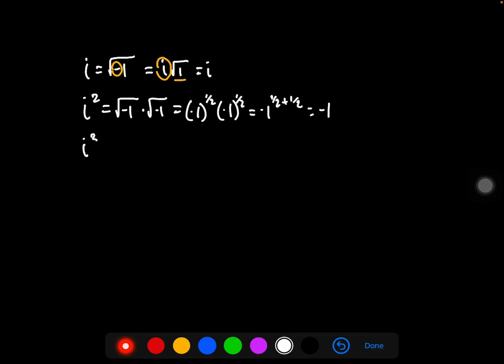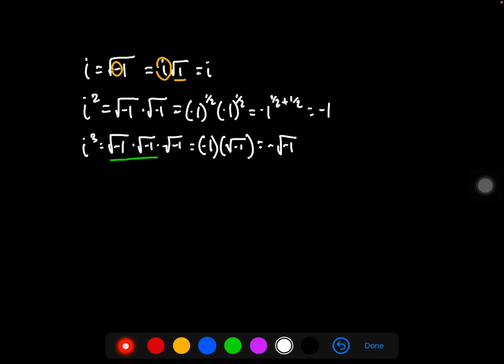Same goes for i cubed, which is the square root of -1 times the square root of -1 times the square root of -1. As we already demonstrated, the square root of -1 squared is -1. So this is equal to -1 times the square root of -1, or the negative square root of -1.